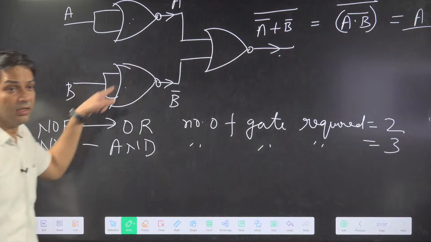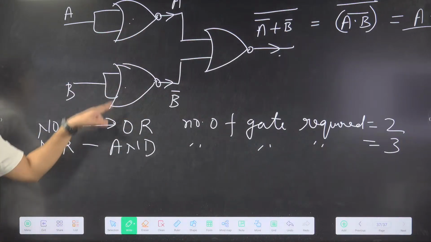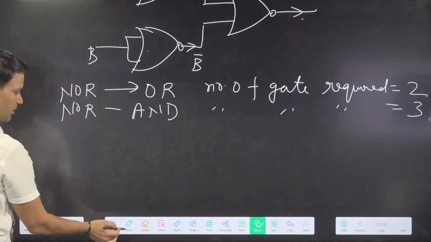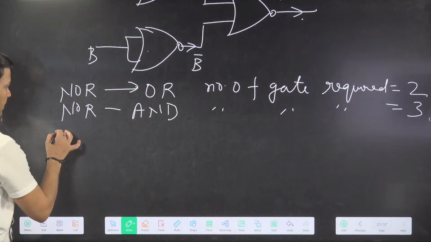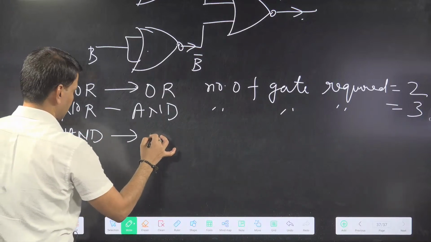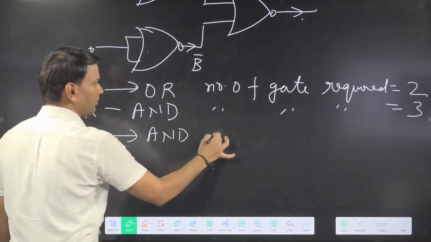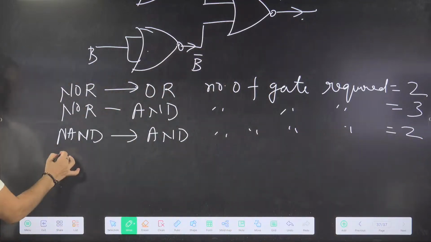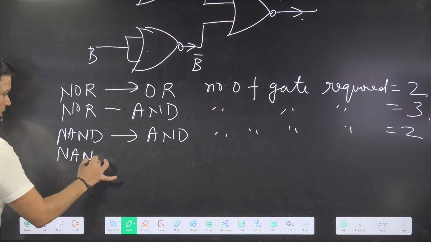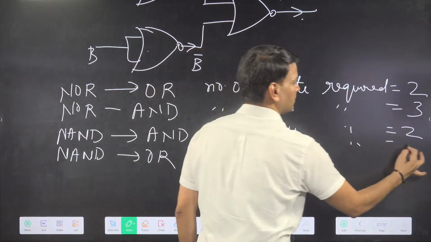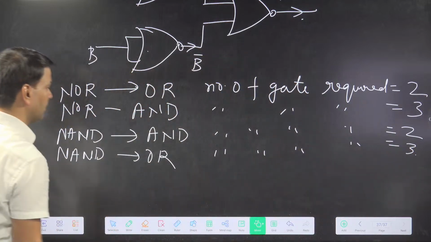You can see here, NOR gate to the AND, I have taken 3 gates. Similarly, NAND to the AND gate, the number of gates required is equal to 2. And NAND to the OR gate, the number required is 3.